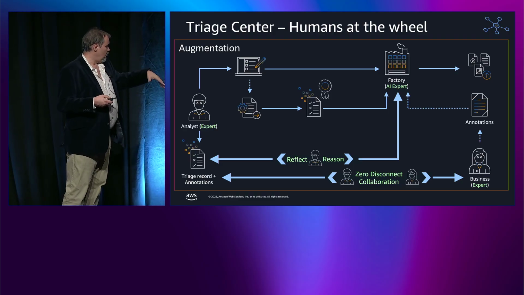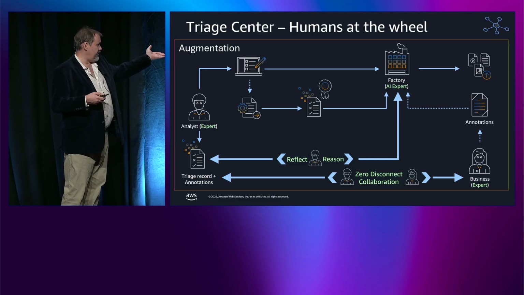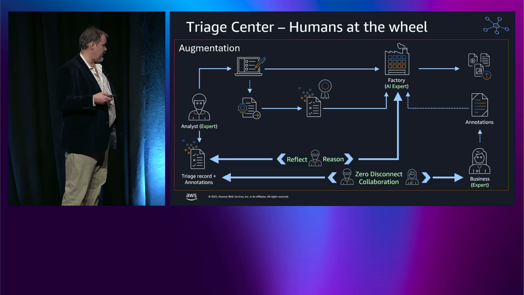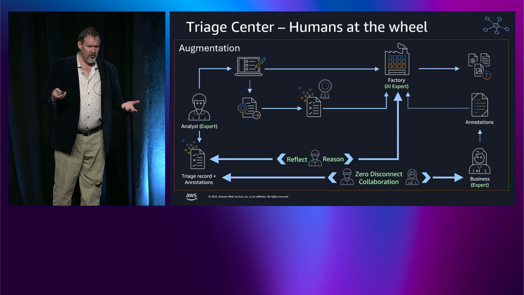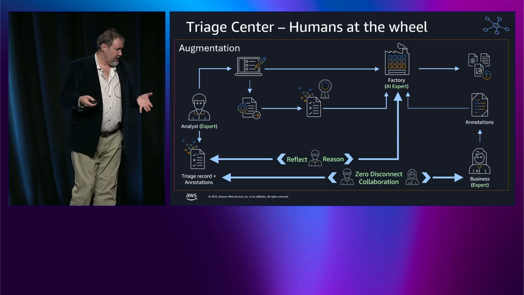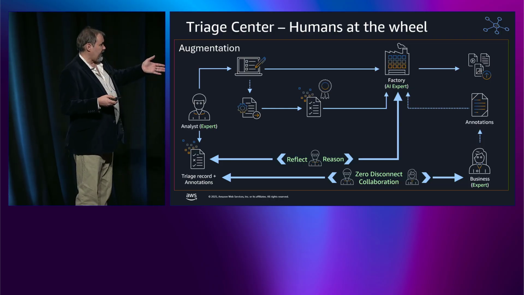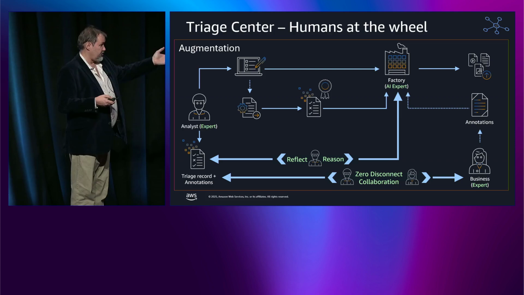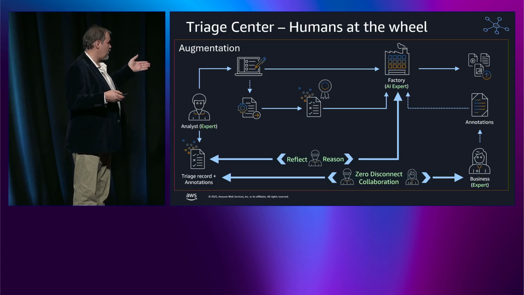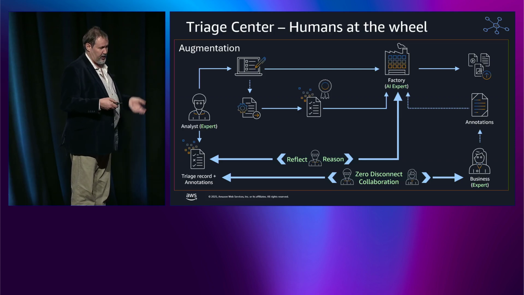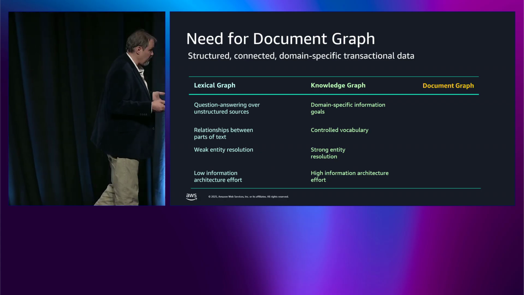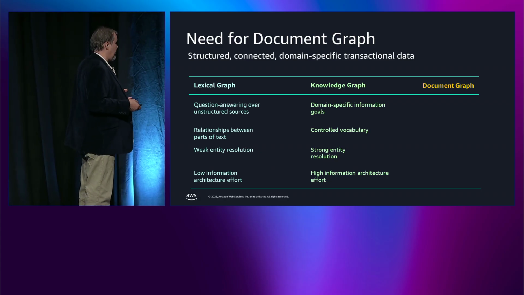We also realize that we've got folks that want to reason and reflect using these triage records. But we also realize that if we can do this properly using the toolkit, we can get closer to our vision of zero disconnect by creating collaboration between our analyst and our business, whoever that business might be. That was our vision. Can we do that?